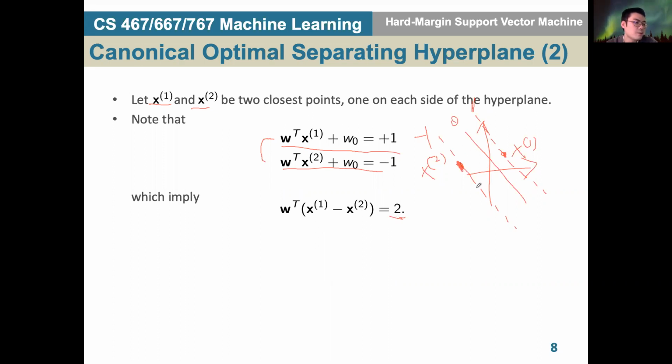Keep in mind, W is what? W is a unit vector along the direction perpendicular to the line. This is the W, right? And what is X1 minus X2?